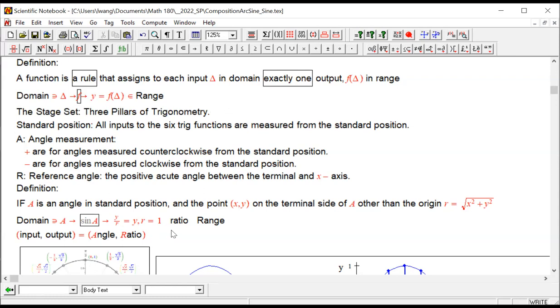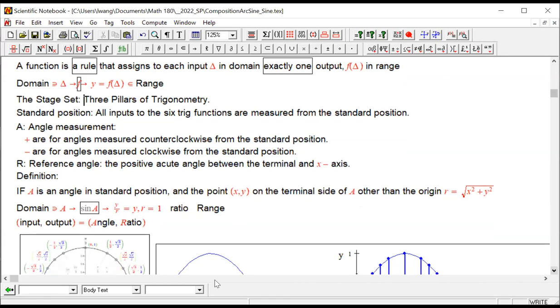We also need to remember that for the sine function, we turn angle to ratio. For arc sine, we turn ratio to angle.